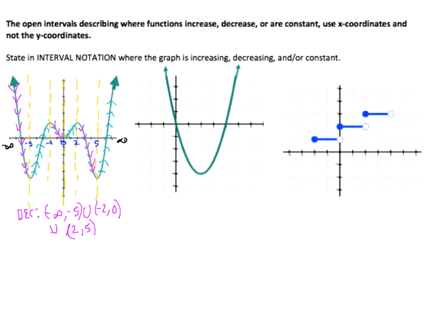I have 3 decreasing intervals. My increasing intervals: I'm increasing from -5 to -2. I'm also increasing from 0 to 2. I'm also increasing from 5 to positive infinity. Notice all I've used are parentheses, up to but not including.